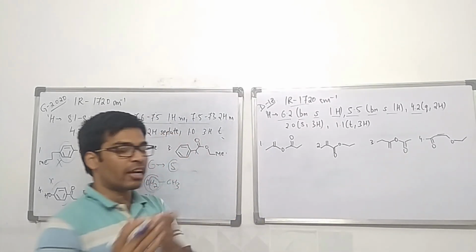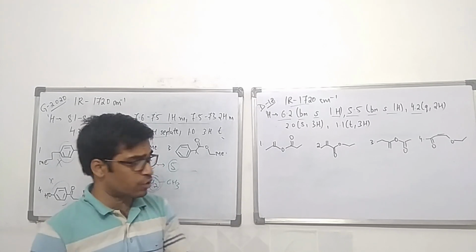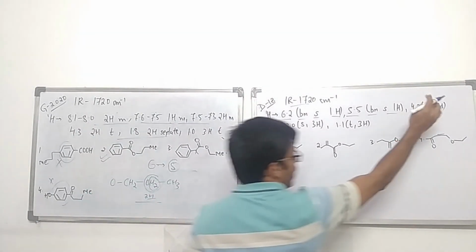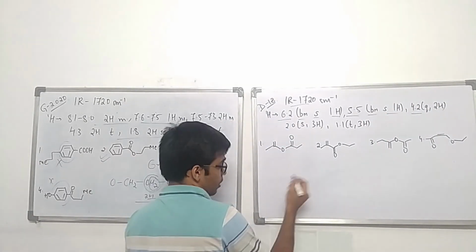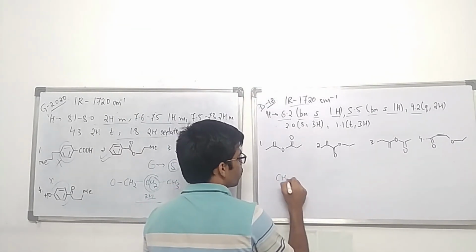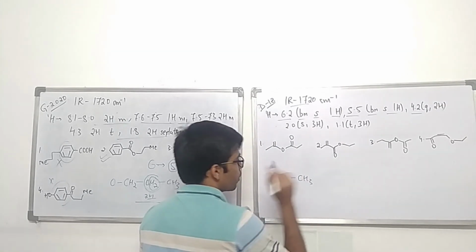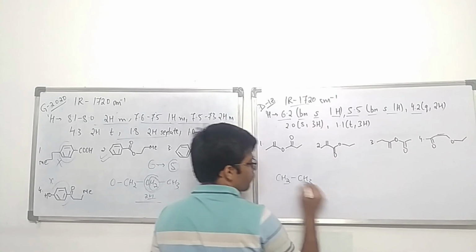Now 4.2, that means the proton is attached to carbon having a very high electronegative attachment, which in this case is obviously oxygen. But the fact that it has a quartet will be there if the neighboring carbon has 3 different hydrogen. That means CH2, CH3. 2 hydrogens, these two quartet because of these 3 hydrogens.